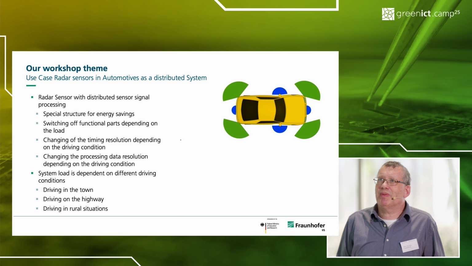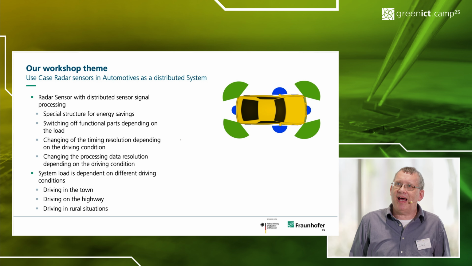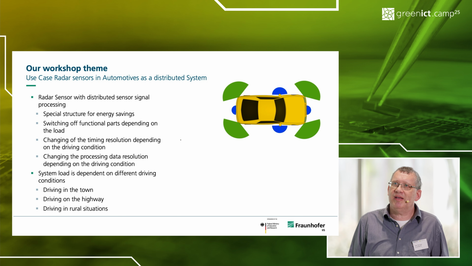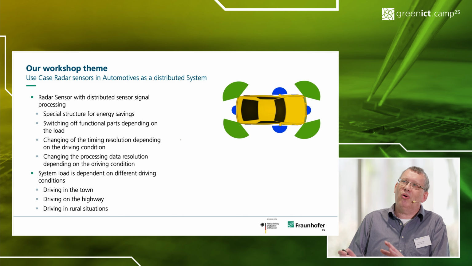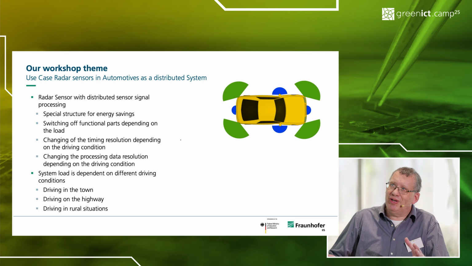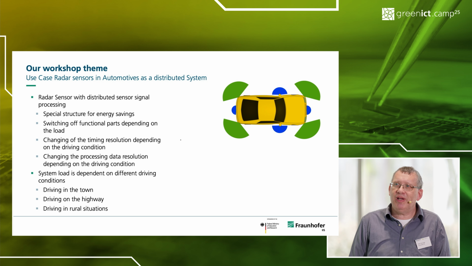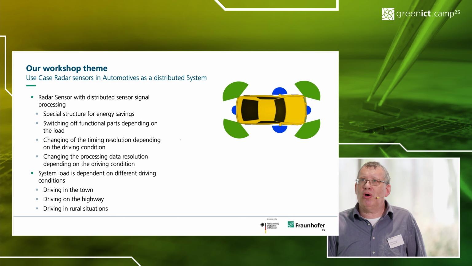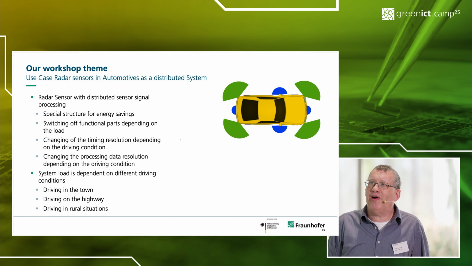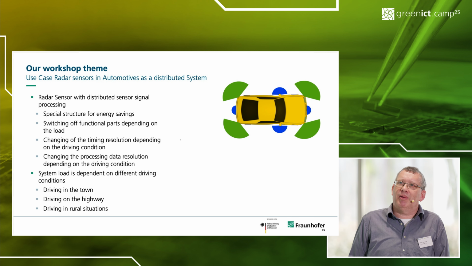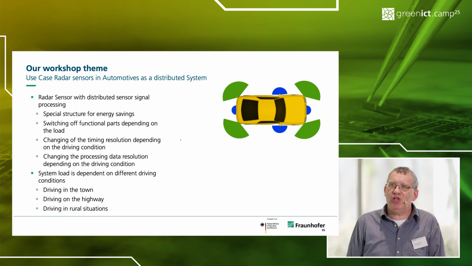We will analyze this use case in such a manner that we will have a look at the functionality of a car without energy savings, and then we will show it is possible to find a part load situation.